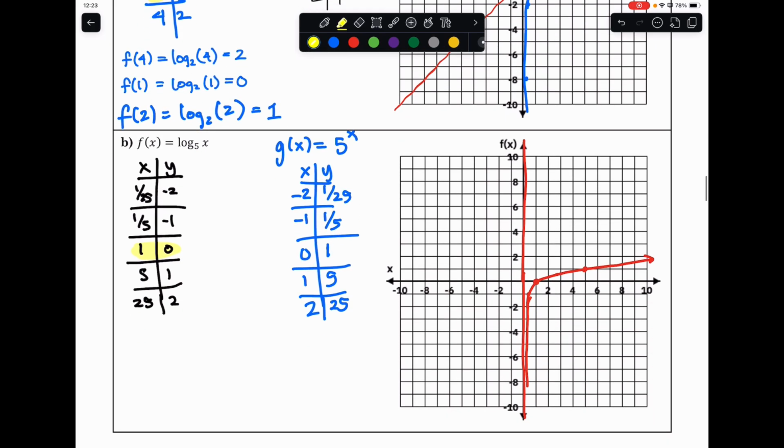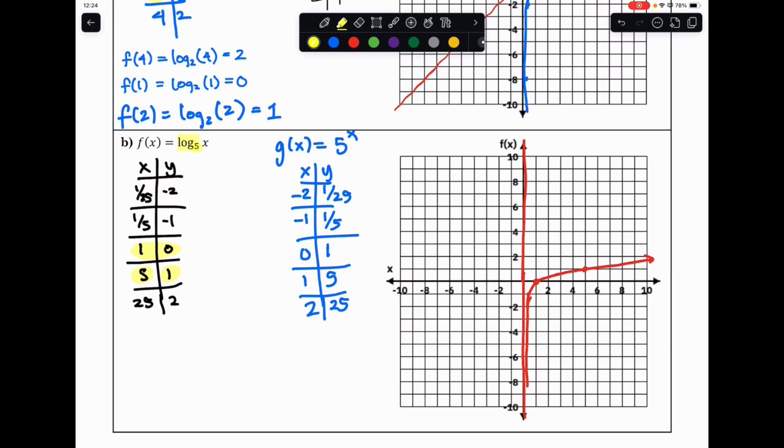So here we get a y value of 1 at 5, because that's the base of this log. They do have that in common, and we're going to use that concept to identify the two key points, and use those points to transform the log function by doing horizontal and vertical shifts and things of that nature.